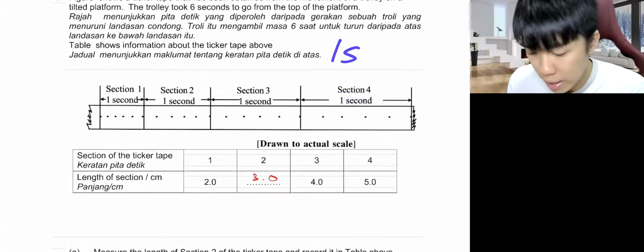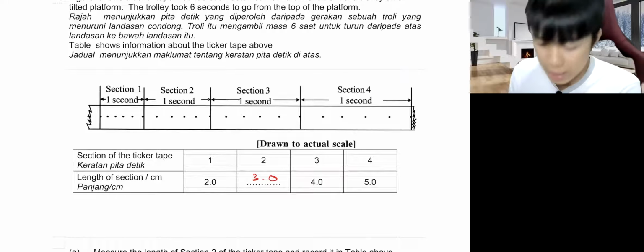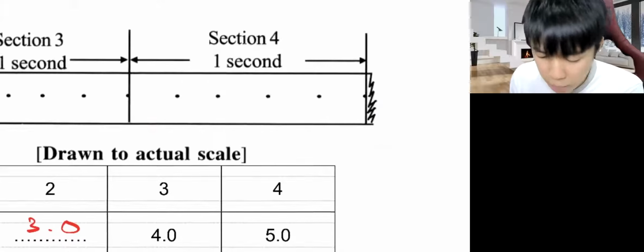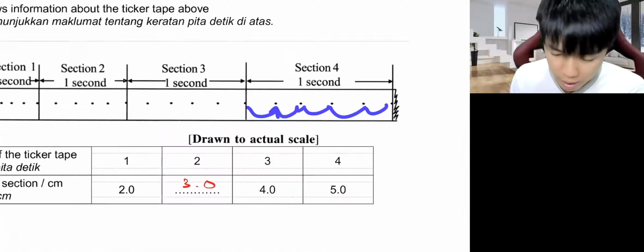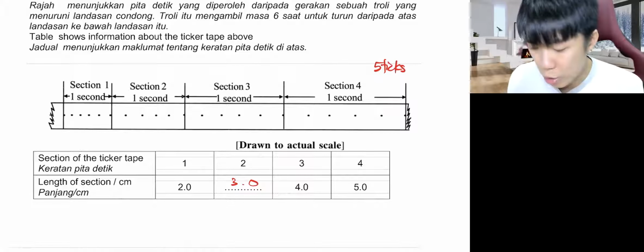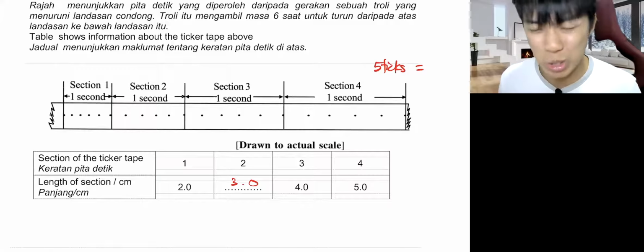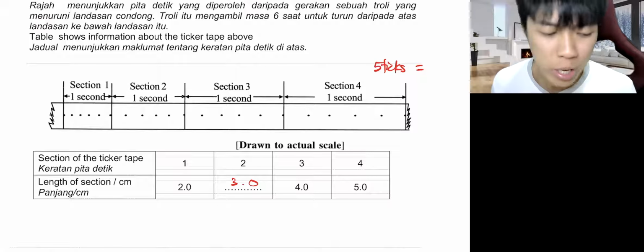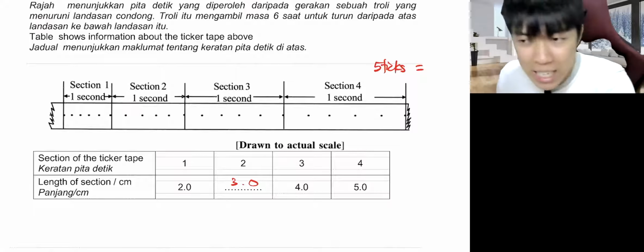We know 1 second is equals to 50 ticks, right? So ignore that. We have how many ticks per strip? We have 1, 2, 3, 4, 5 ticks. Each of them should have 5 ticks. So do you remember 5 ticks, how many seconds? Anybody? This one, you shouldn't be struggling during exam, you should key into your head already. 5 strip and 5 ticks and 10 ticks is fixed.